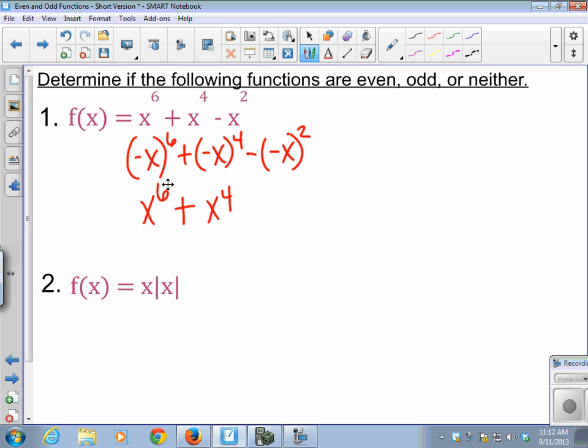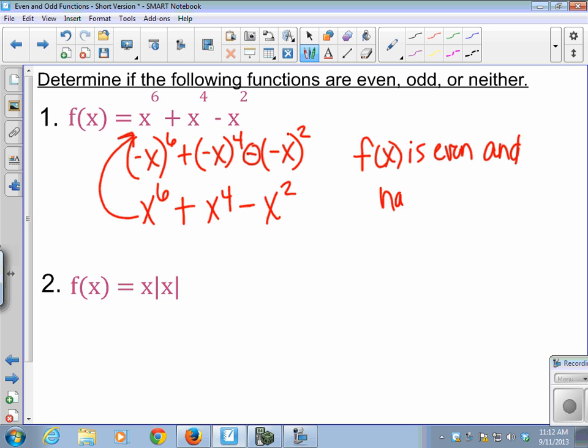And then right here, this minus stays because it's not being squared. That's not the negative that's being squared. This one is. So this negative is going to become positive, and I'll have an x squared. So I ended up with exactly what I started with. And so this tells me that f of x is even and has symmetry with respect to the y-axis.